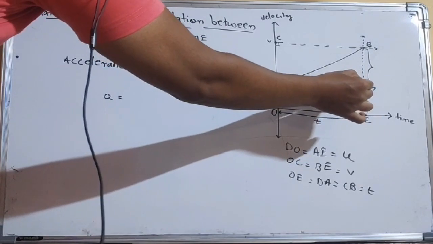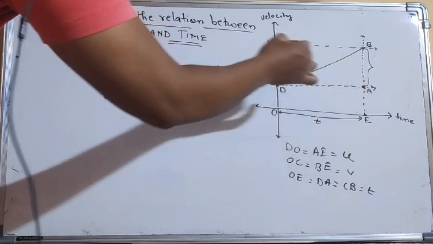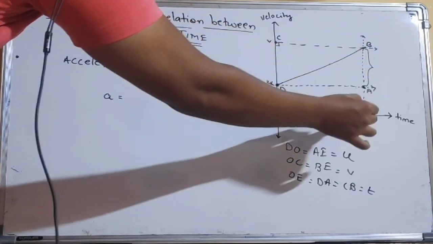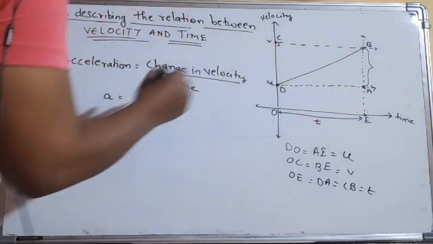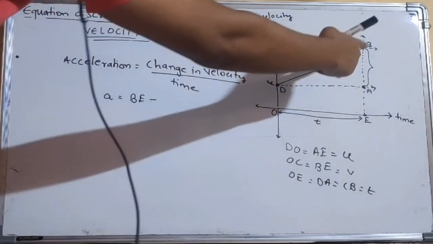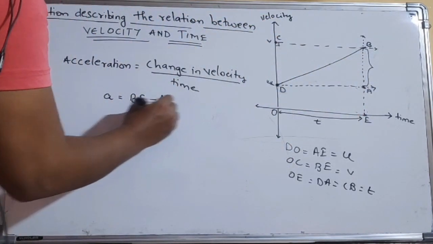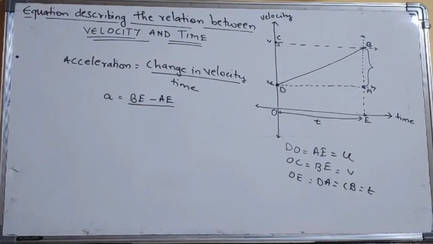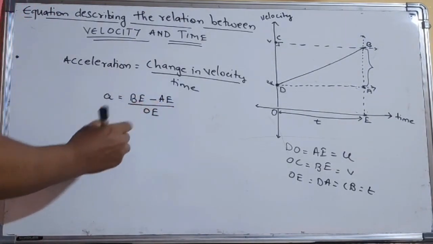This is the initial velocity and this is the final velocity. So how will you get the change in velocity? The change in velocity will be BE minus AE, upon OE, change in velocity upon time.